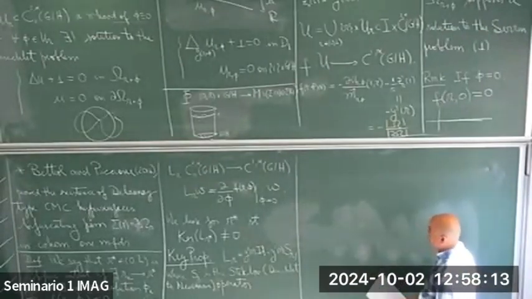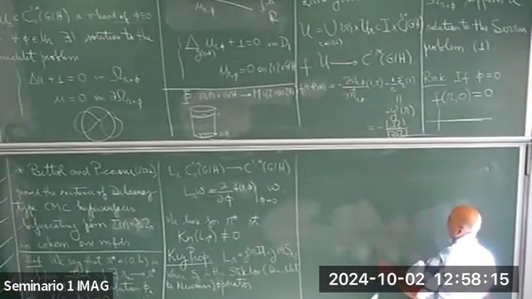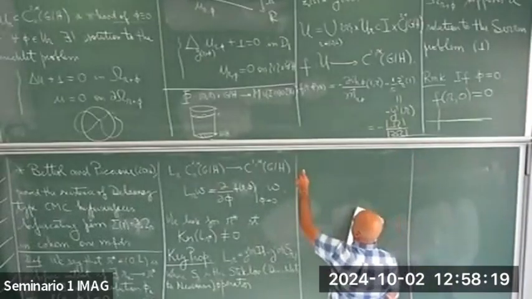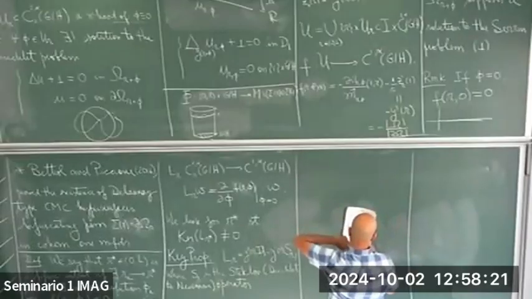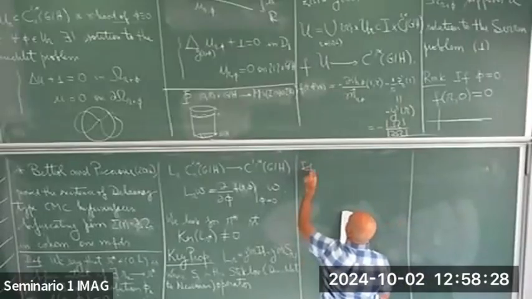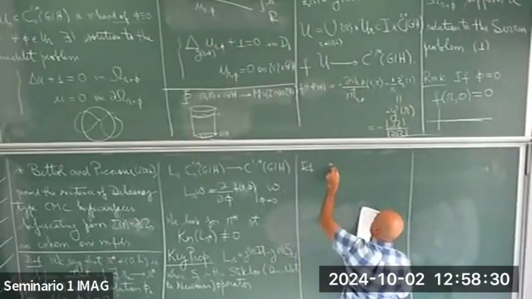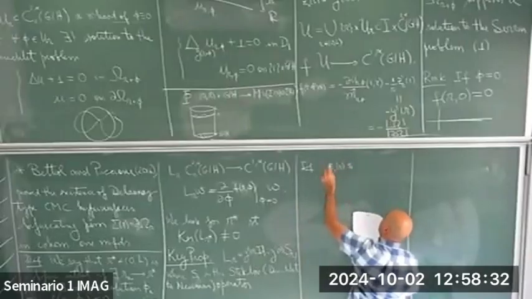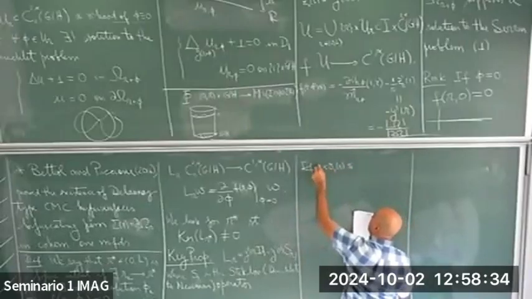Okay. So we denote the Steklov eigenvalues by sigma 1, and this is bigger than 0.